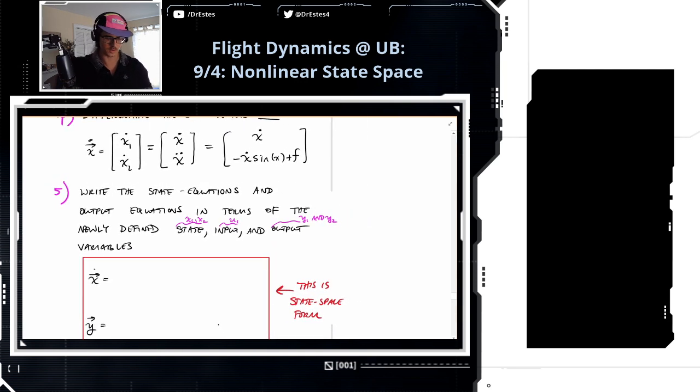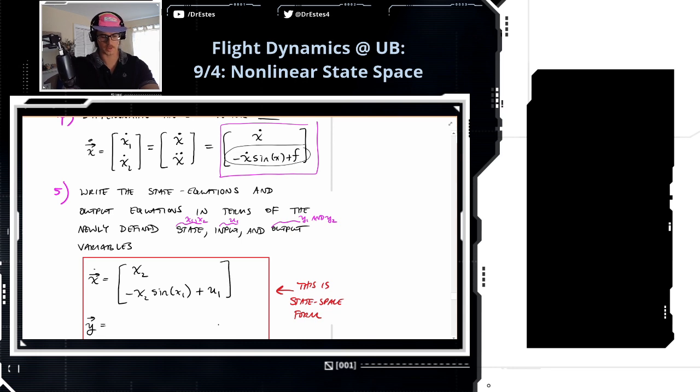All right, so for x dot, I'm looking at this guy right here. And I know that x dot is equal to x2, because I defined my second state to be the velocity term. So now I'm looking at this second entry. This is going to be minus x2 times sine of x1 plus u1. Because remember, I defined f to be u1.